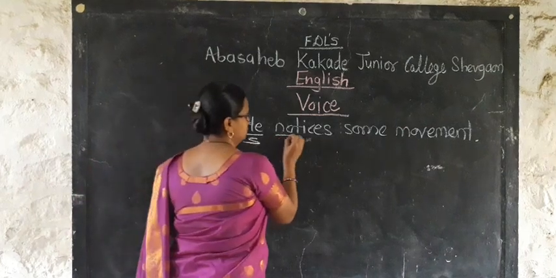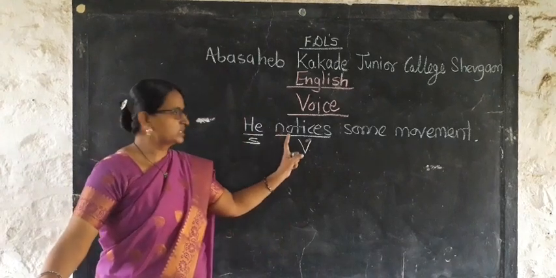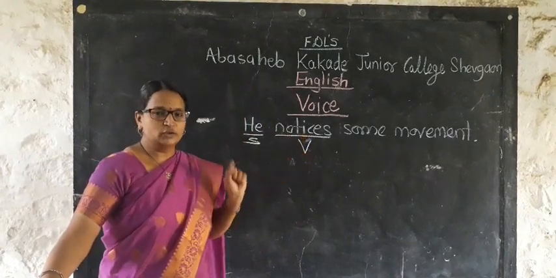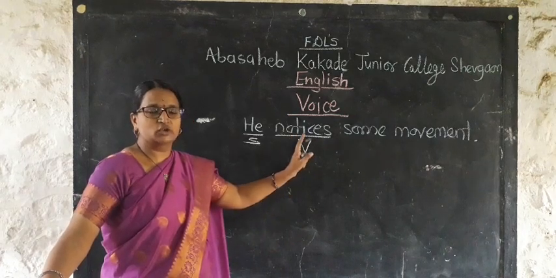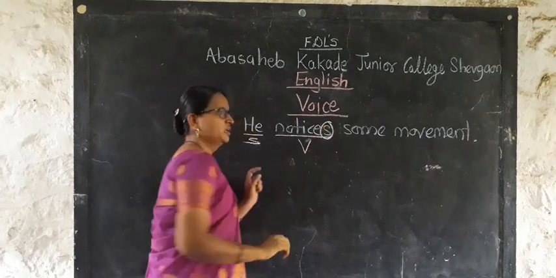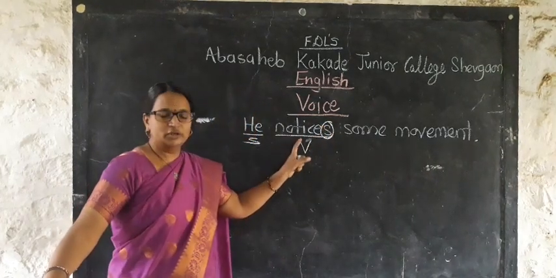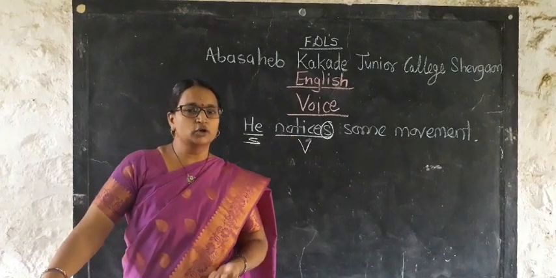Then notices is the verb. Here we have used the verb notice, and we added es to the verb notice. Why do we add this es?